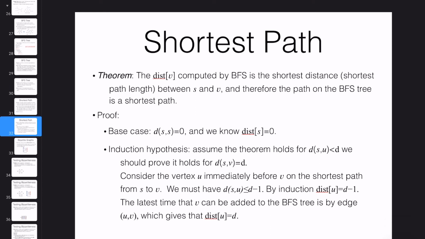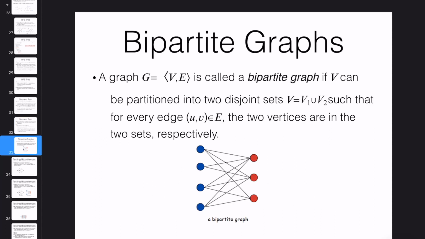So using these two theorems, we can solve many other interesting problems. And the first one that I'm going to give you is about bipartite graphs and how we can check if a graph is bipartite. So what is a bipartite graph?